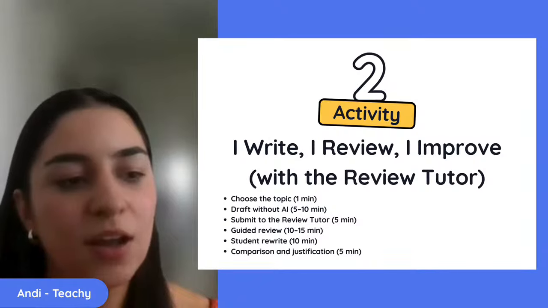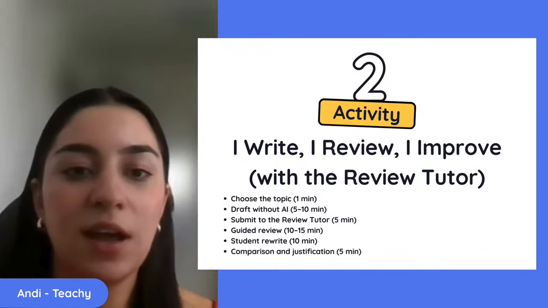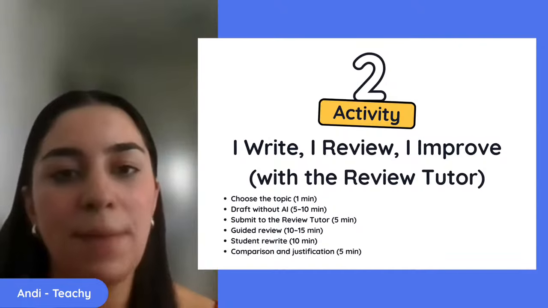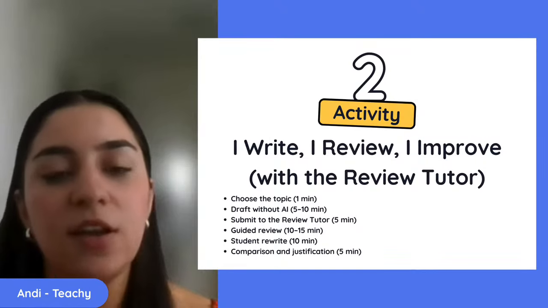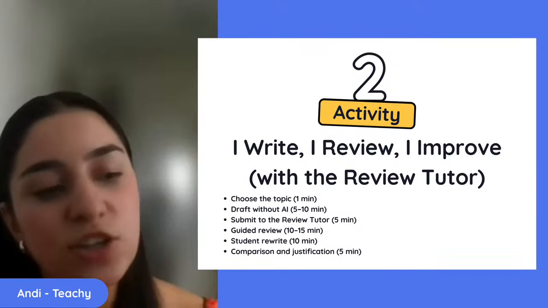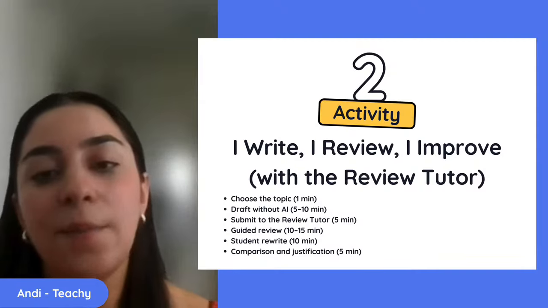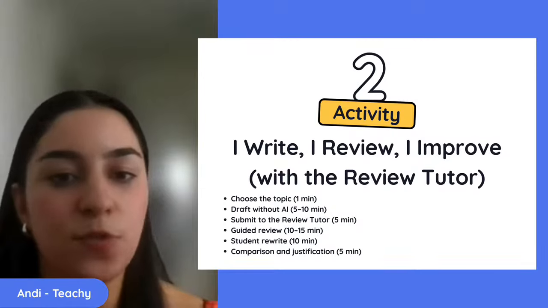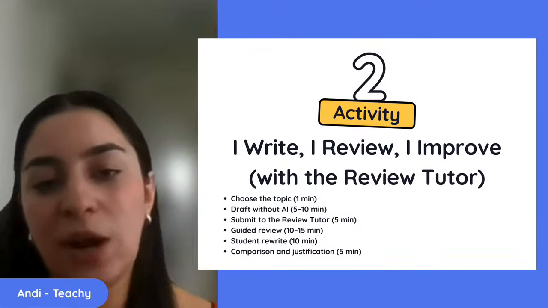And then the idea is to send the draft to the review tutor. So the student passes the text or the idea into this AI tool, and the tutor will ask questions, highlights, and also strengths and weaknesses, and also suggest improvements without rewriting the text.